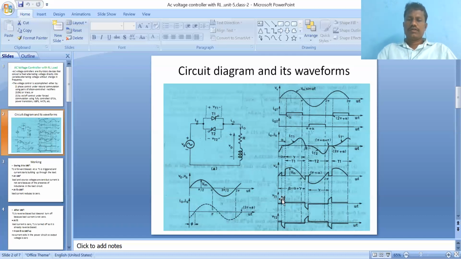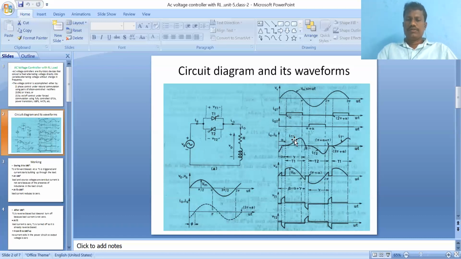After that, we apply the firing pulse at omega t equals alpha. T1 automatically changes from forward blocking mode to forward conduction mode, triggered by the firing pulse at omega t equals alpha. It starts conducting and acts as a short circuit, so the current IS flows from the supply through the thyristor and load and finally back to the supply.